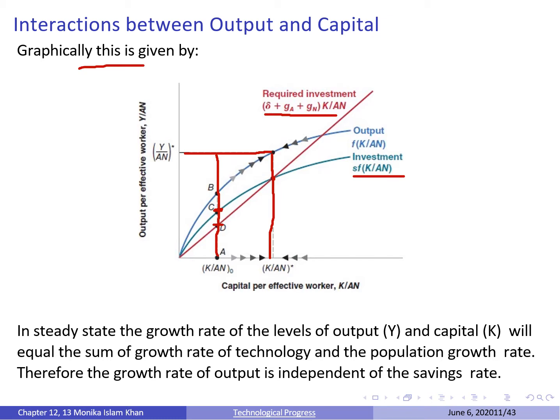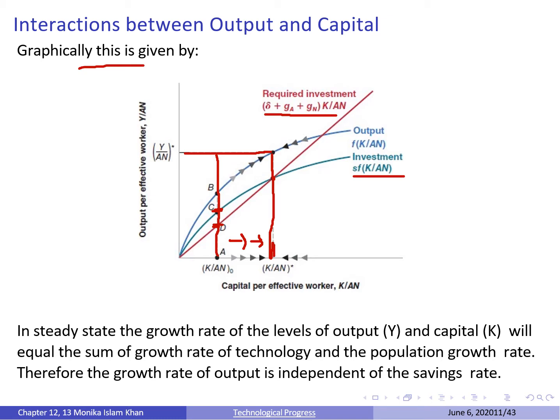The level of investment into capital is greater than the level of required investment into capital, which means capital stock will keep increasing, and it will keep increasing till the capital per effective worker reaches the steady state level.